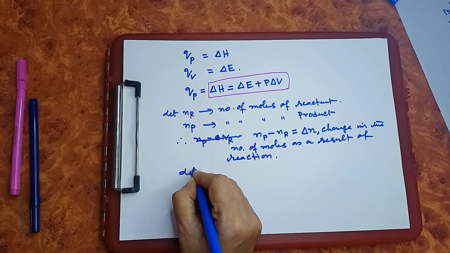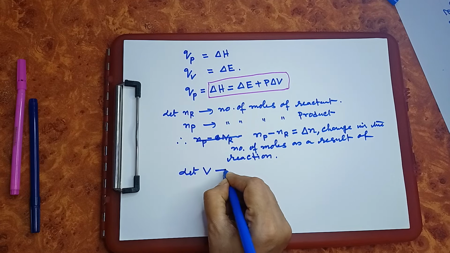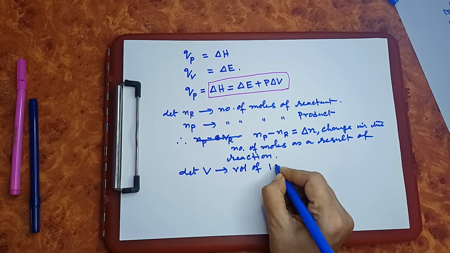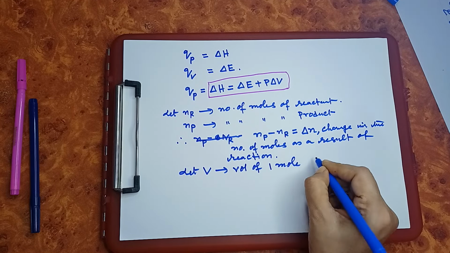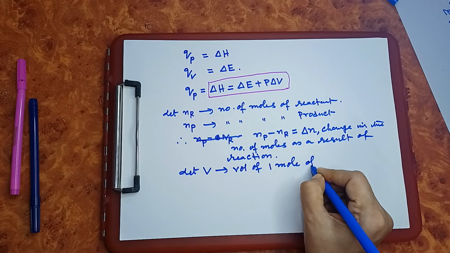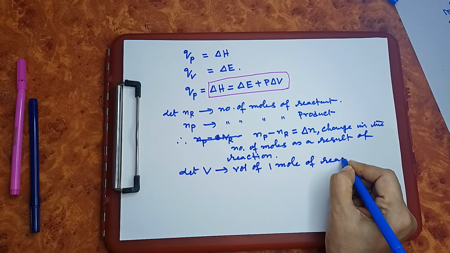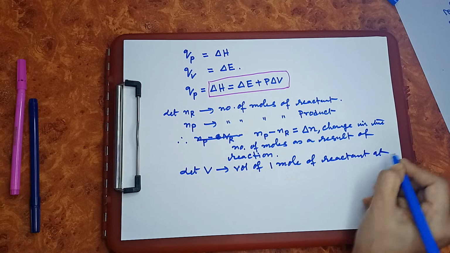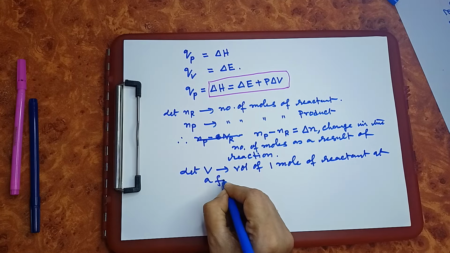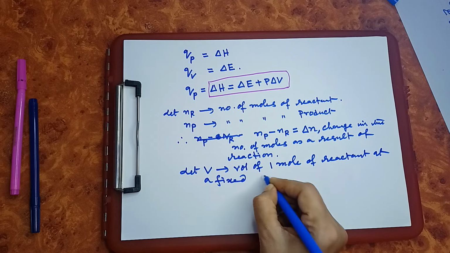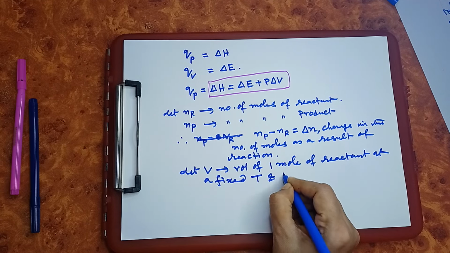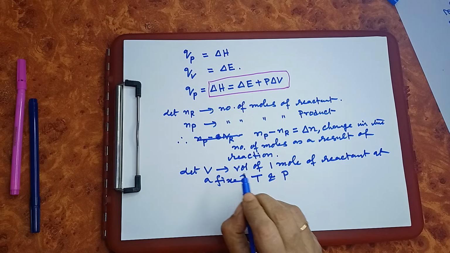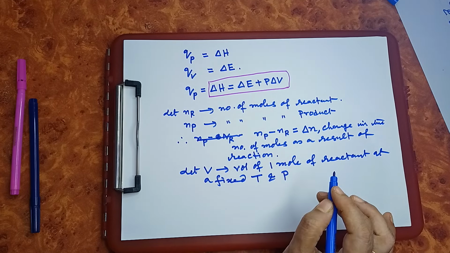Now let V be the volume of 1 mole of reactant at a fixed temperature and pressure. What we have assumed is that reactants and products are gaseous.